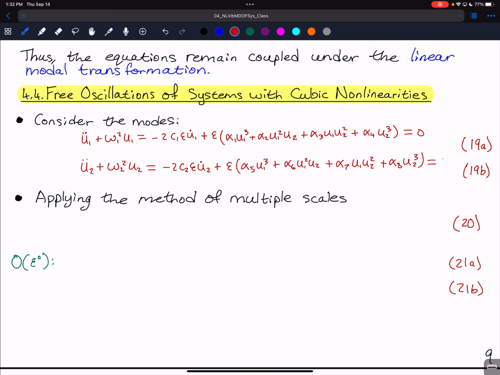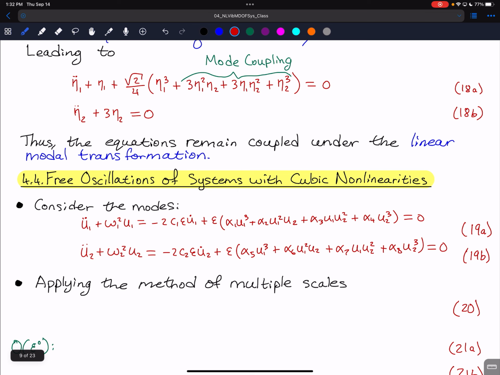That's equal to 0. So in the case that we just saw before, alpha 5, alpha 6, alpha 7, alpha 8 were all equal to 0. And the other alphas were equal to whatever parameters were above.